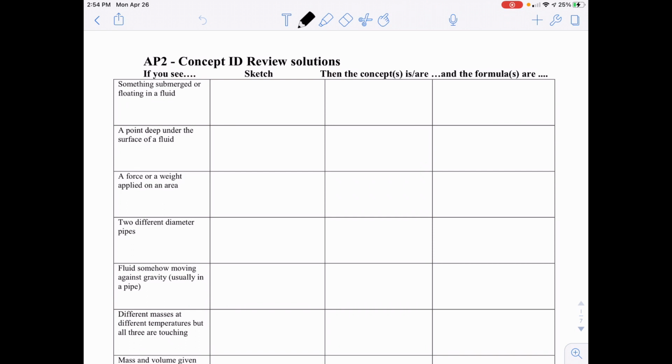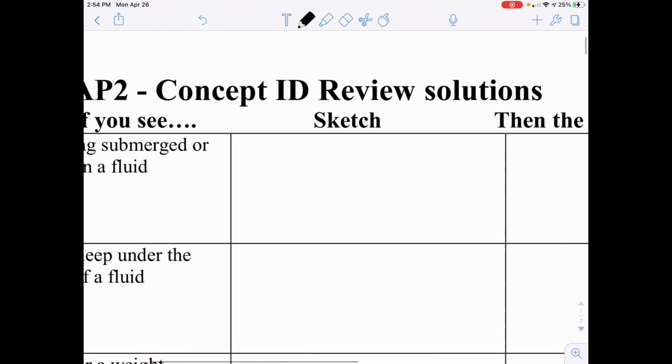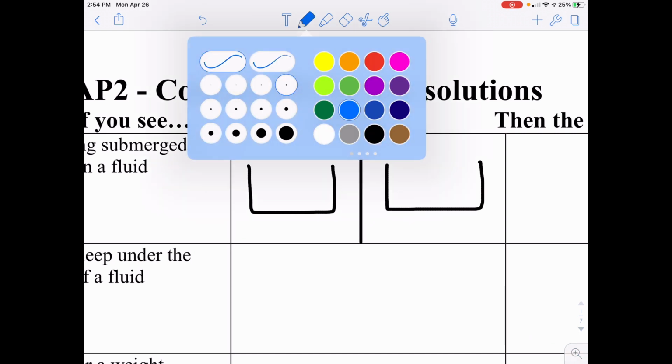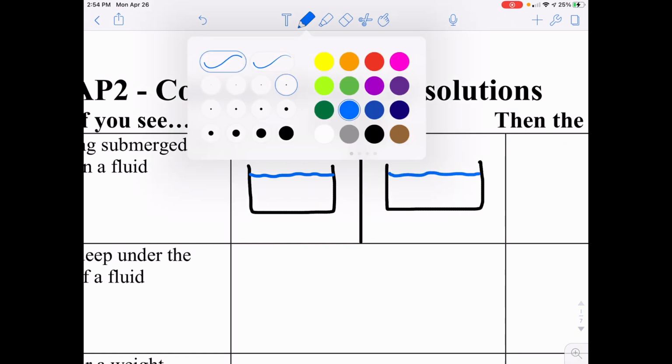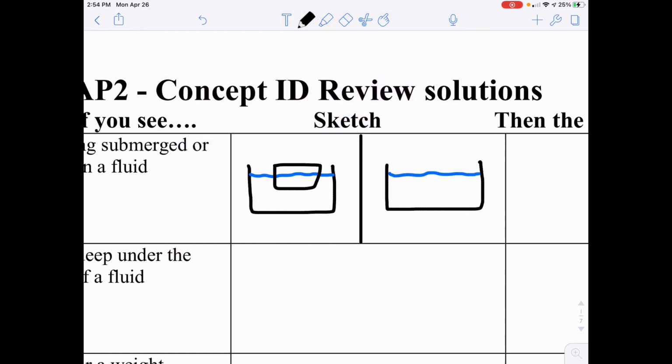Let's take a look. In the case of number 1, what if we have something that is being submerged or floating in a fluid? So I'm going to break this box in two, and let's say we have a situation where we had something floating, or it could be something that's either rising or sinking in the fluid, either one.